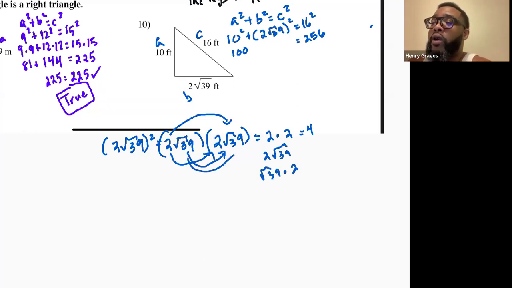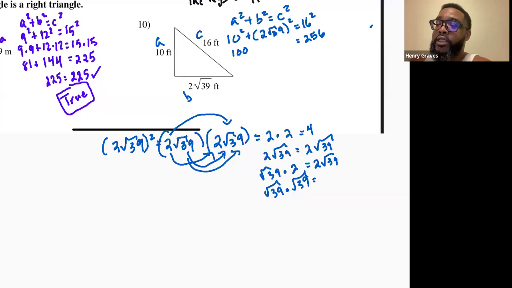So I know that's 4. This is 2 root 39 and 2 root 39. And this is going to be 39. So all these are being multiplied together. So I'm multiplying 4 times 39 times these right here, this 2 root 39 combined together.